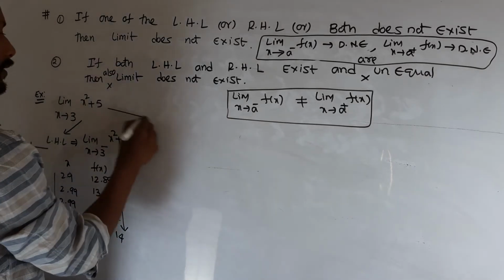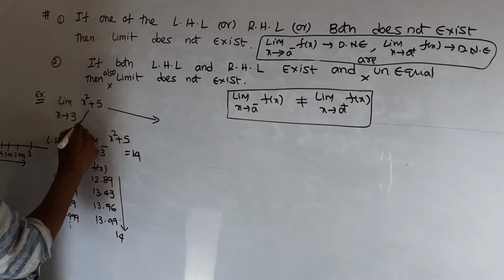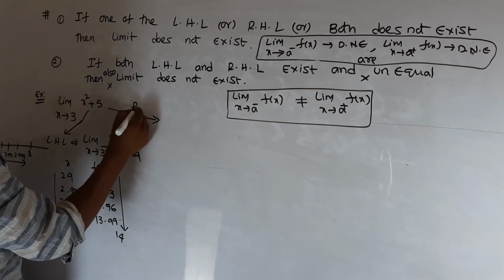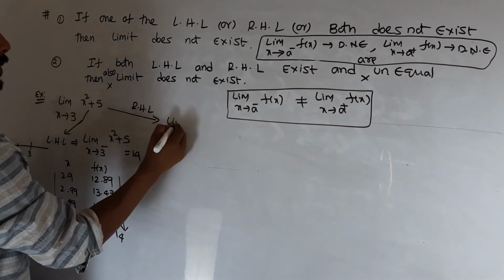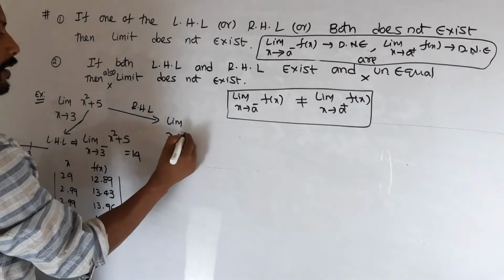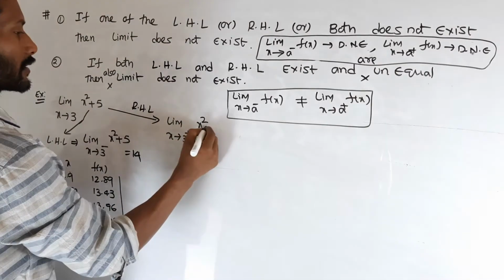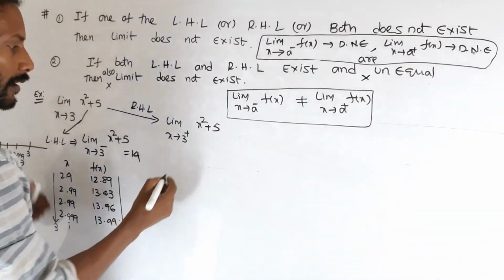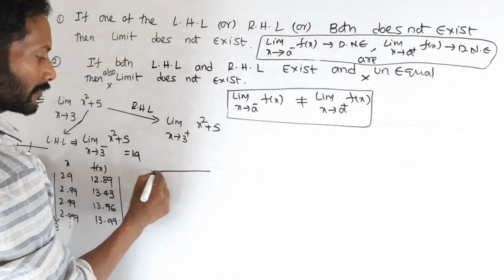Next, this one is the left hand limit. This one is the right hand limit. Limit as x tends to 3 plus of x square plus 5. On the number line, this is 3.